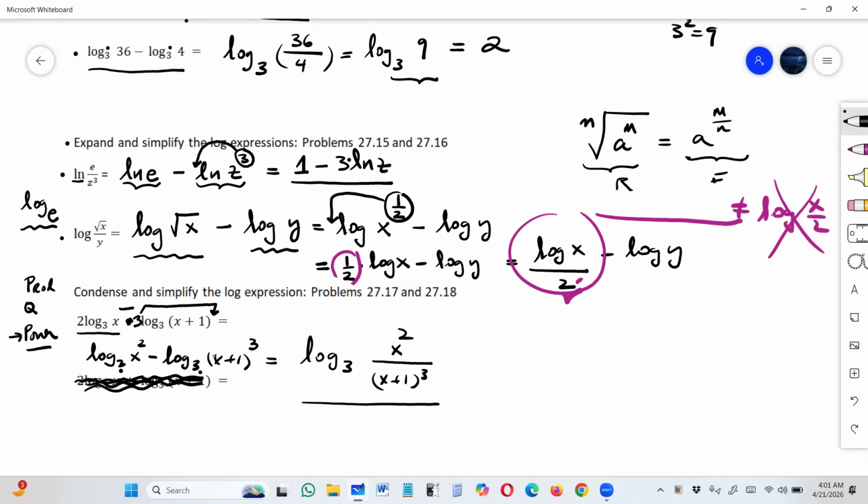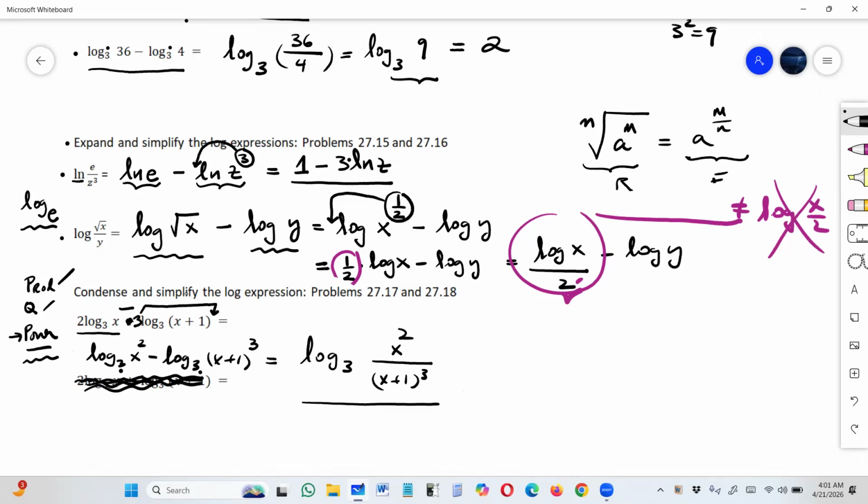So it's very important that you understand when you have all of these three properties in one, the power rule gets to be done first. And then you either have the product or the quotient rule. Okay? And even if they appear at the same time, you can do one or the other first. It doesn't matter. But the power rule has to be done first.